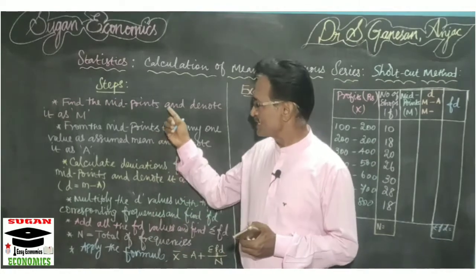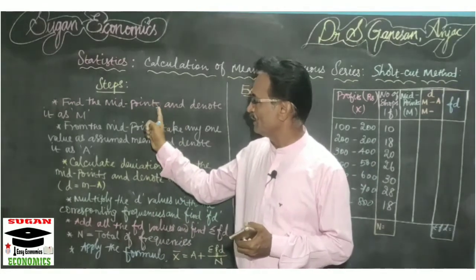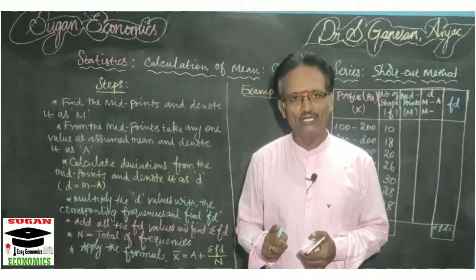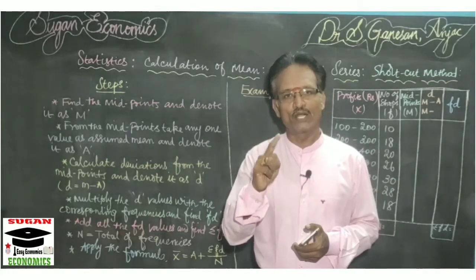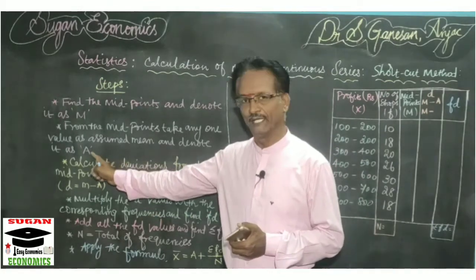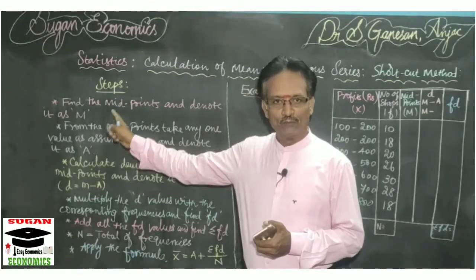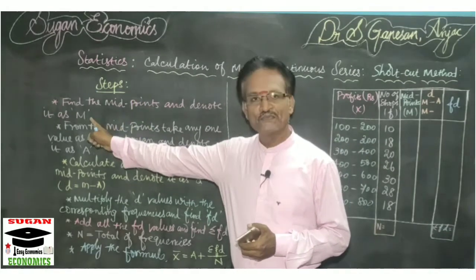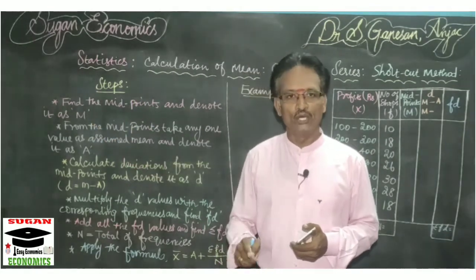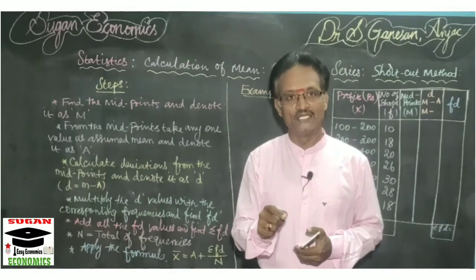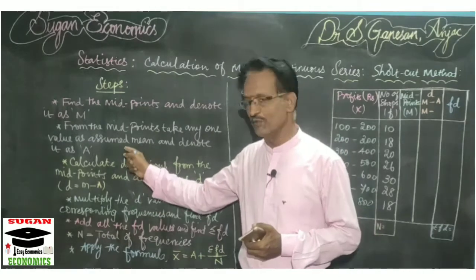midpoints. The second step, after finding the midpoints, is to assume any one of the midpoint values as the assumed mean, and it is denoted by A. Are you clear? After calculating the midpoint values, or the value of M, you have to assign any one of the midpoints as your assumed mean.